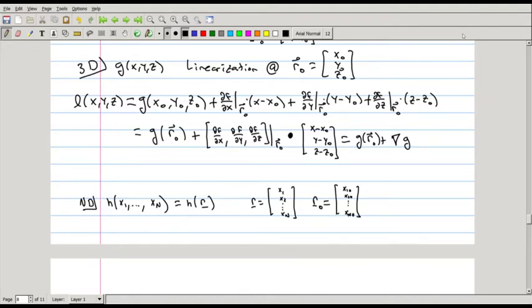Oops, and I'm really sorry, I just realized that when I wrote this down I was using f here because I forgot that I am using g for my function of 3 variables. So this should be dg dx, dg dy, and dg dz. Same thing right here.